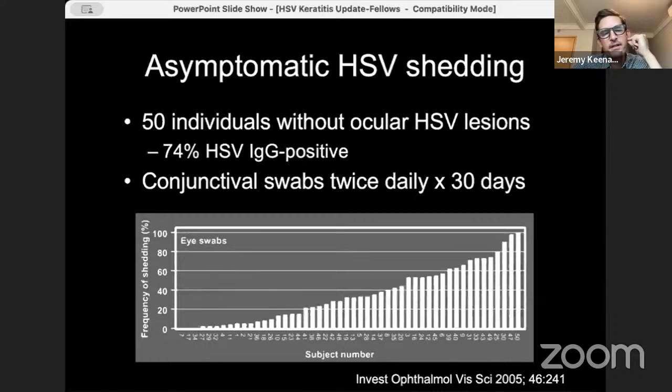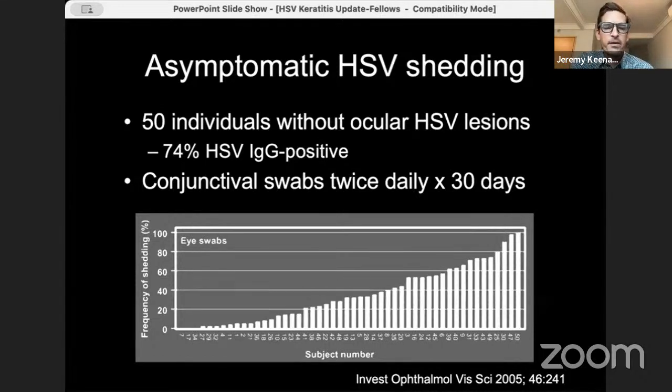So there was a study done a while back where they took 50 people, they did not have any ocular herpes lesions at all, and 3/4 of them were IgG positive for herpes simplex virus. And they gave these patients a whole bunch of conjunctival swabs, and the patient would swab themselves twice a day for 30 days.